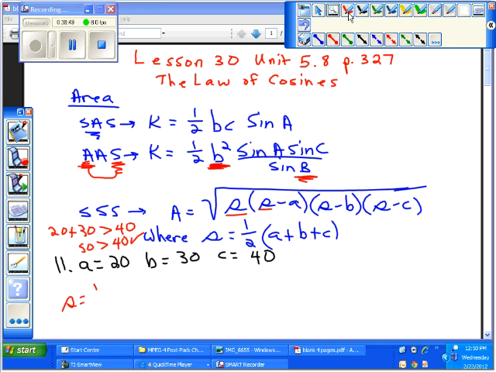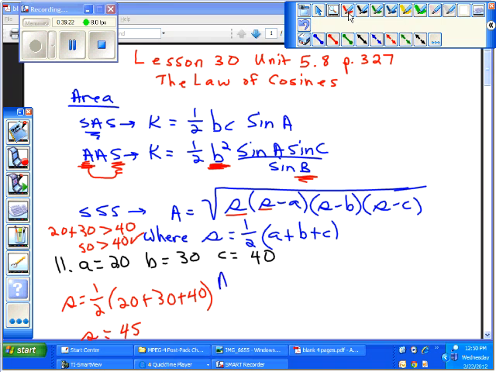So we get semi-perimeter. Semi-perimeter is 1/2 the perimeter, which is 1/2 of the sum of the sides, 20 plus 30. Now, if you were in geometry class, I'd try to trick you because I'd make sure you knew your geometry. But anyway, so we're going to have 20 plus 30 plus 40. 20 and 30 is 50 and 40 is 90, and half of that's 45, so the semi-perimeter is 45. Half the perimeter.